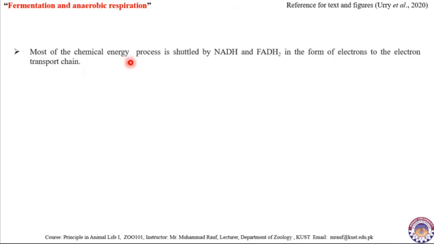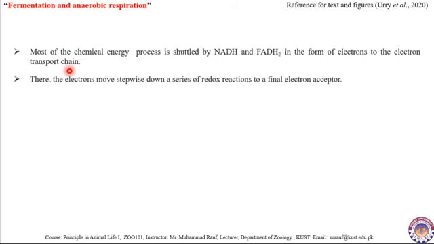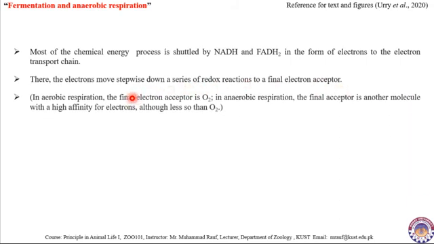Most of the chemical energy is shuttled by NADH and FADH2 in the form of electrons to the electron transport chain. There the electrons move stepwise down a series of redox reactions to a final electron acceptor. In aerobic respiration, the final electron acceptor is oxygen.